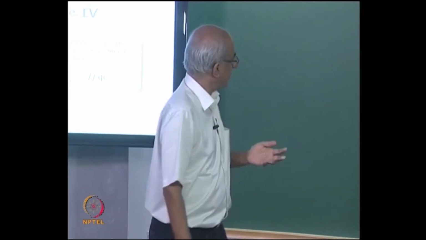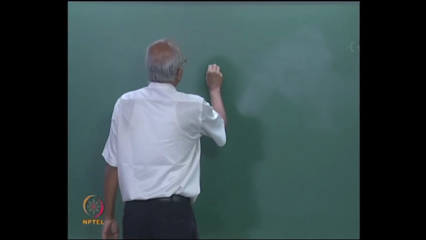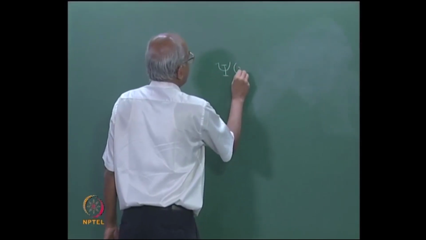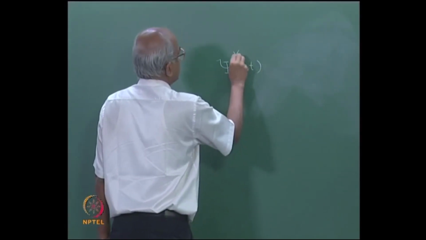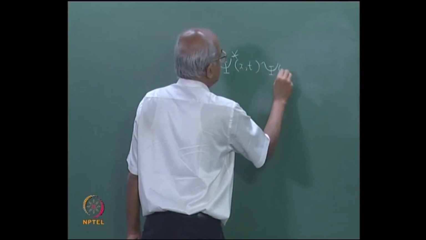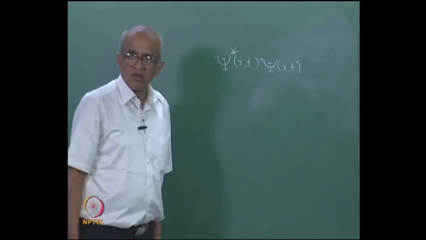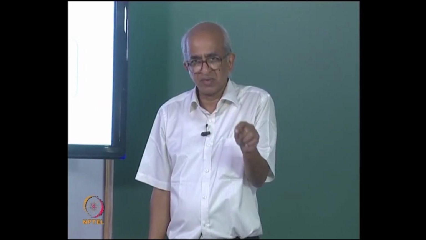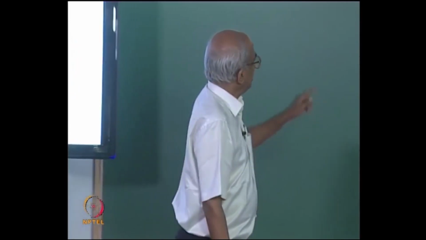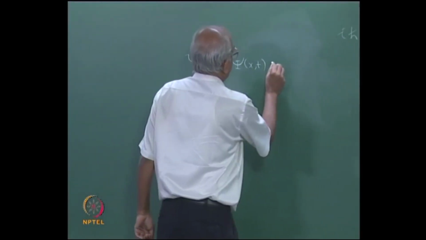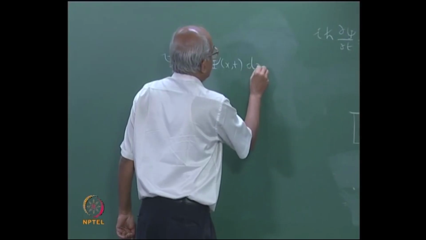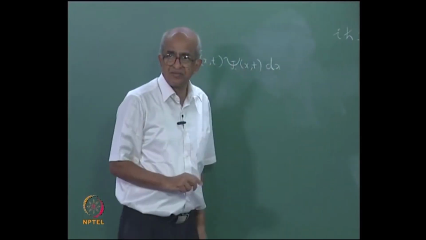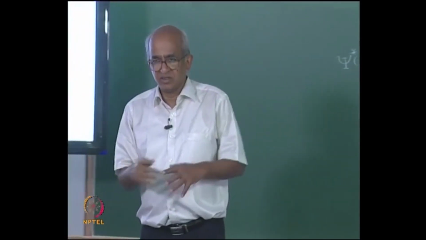What is the definition of probability density? Well, if you remember, we had defined it as psi of x t star multiplied by psi of x t. And what is the use of this? Well, if you are interested in an interval dx starting from x to x plus dx, then the probability of finding the particle in that small interval will be equal to psi star psi dx, correct. This is a part of our postulate, the first postulate actually.